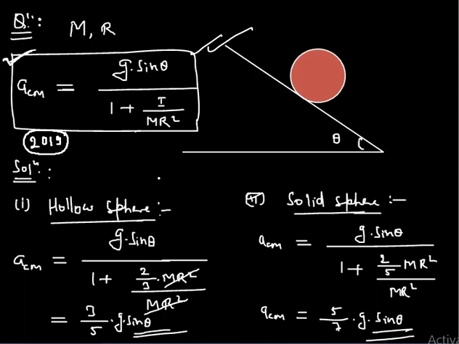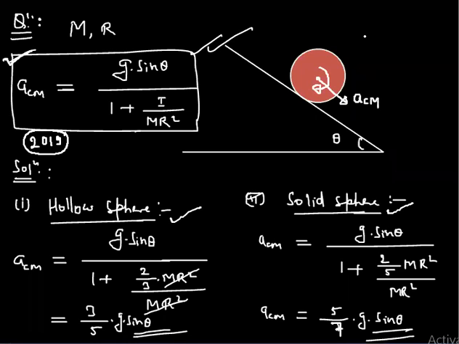So you can see, as I repeatedly tell you, that everything in the examination will be related to my notebook. The structure may be different. It may be a hollow sphere, solid sphere, hollow cylinder, solid cylinder, and it will be rolling like this. And we are asked to calculate the acceleration of the center of mass.